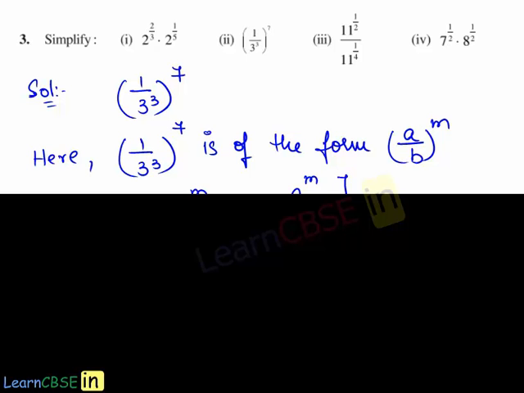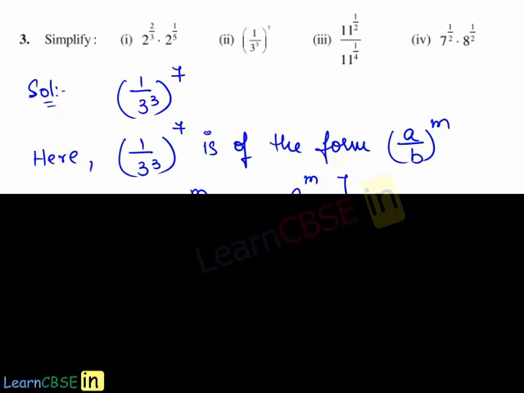Here 1 power 7 is 1. So in the denominator, we have a power raised to a power. When a power is raised to a power, we multiply the exponents.